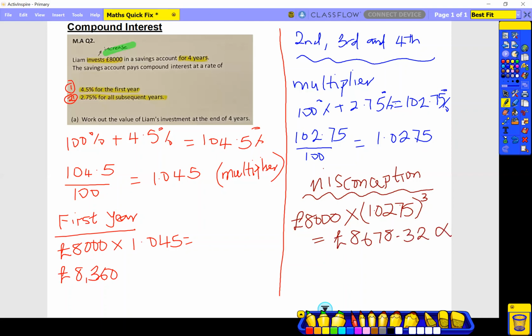Because the student has taken the 8,000 from the original amount that was put in the bank. But we need to take note that the money had already grown after the first year. So this is the amount in the bank after the first year.